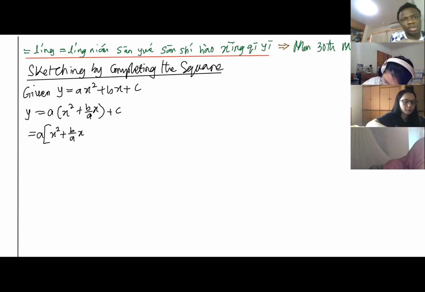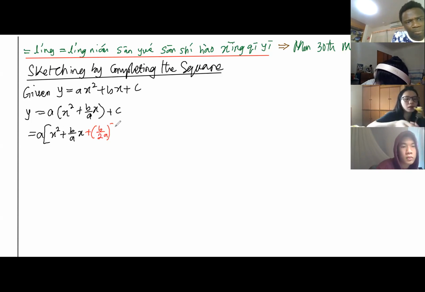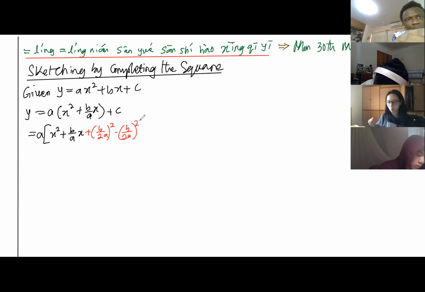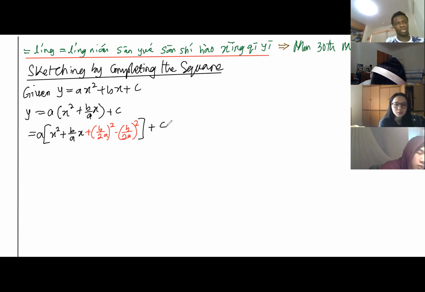We're going to add and subtract the sum of the squares, b over 2a minus b over 2a. Now, this is in the brackets. So this automatically is a square.